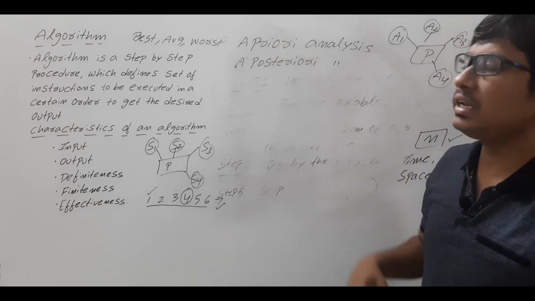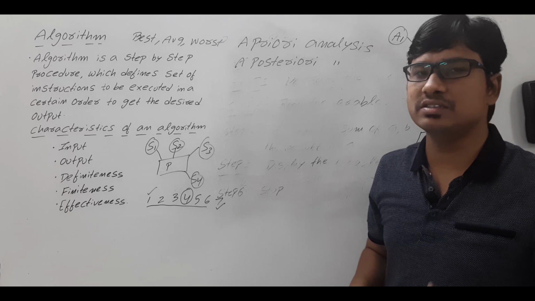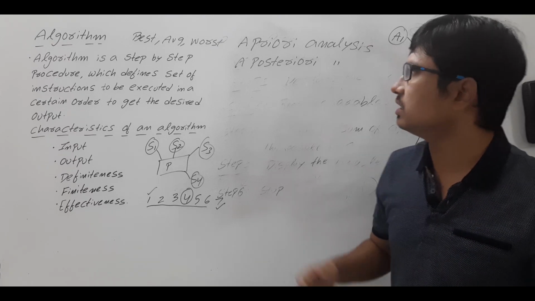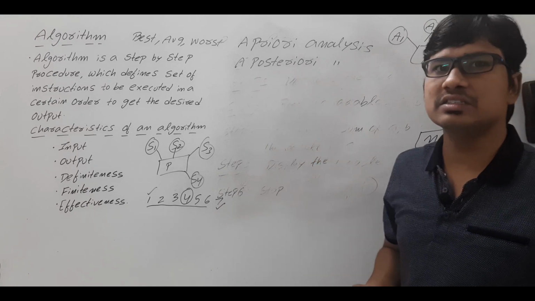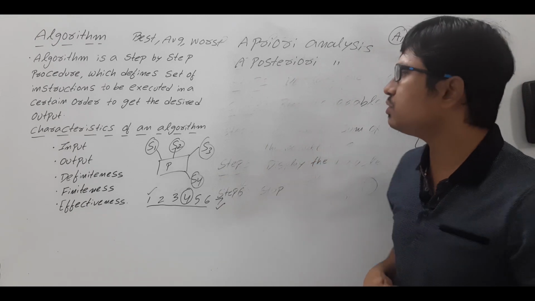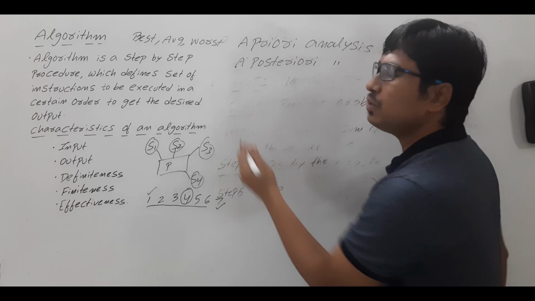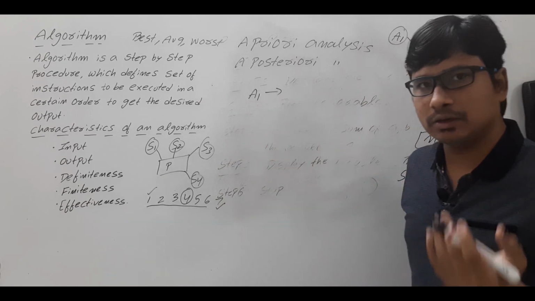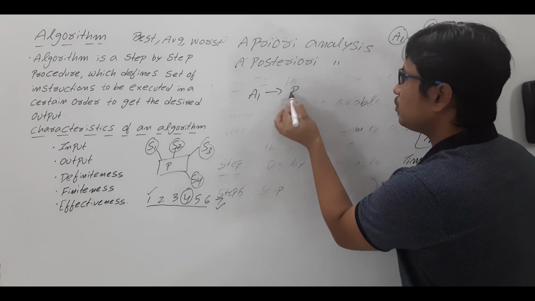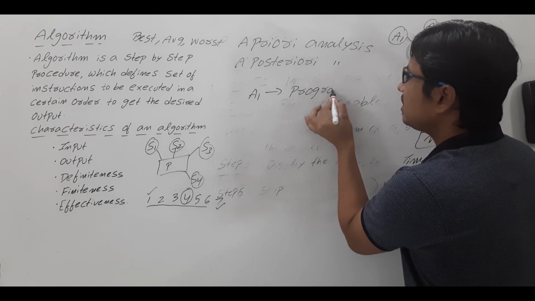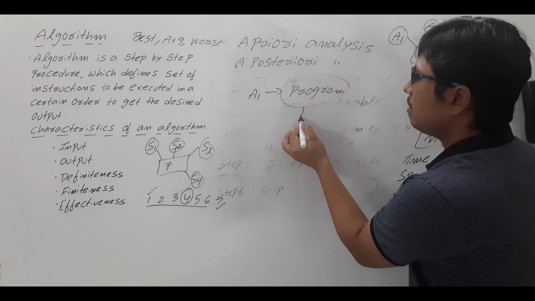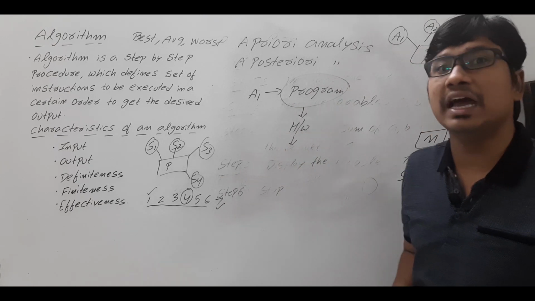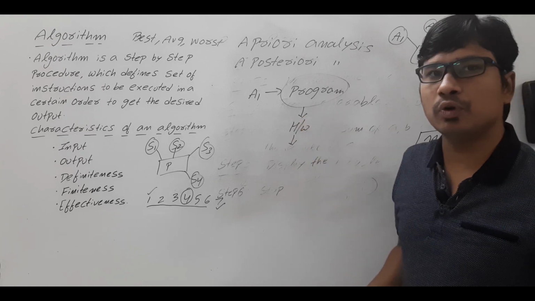The priori analysis is the theoretical analysis where the processor speed and the memory, everything is constant. Whereas the posteriori analysis is the empirical analysis. They will give you certain values. Suppose you have written the algorithm, you take a certain programming language and convert it into a program, then you execute it on particular hardware and test how much time it takes to execute this program.